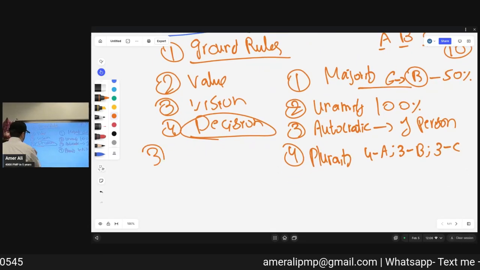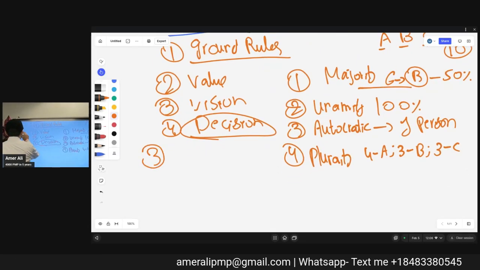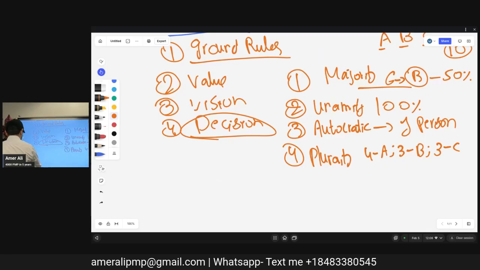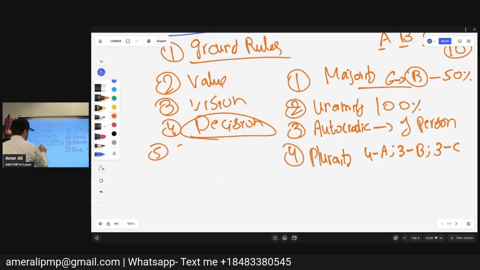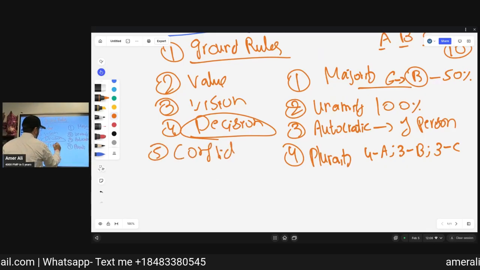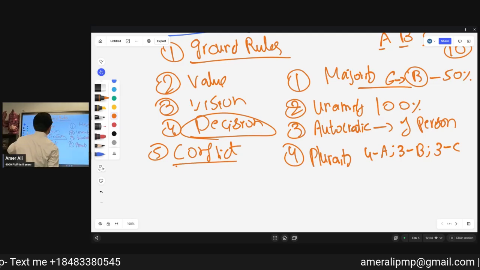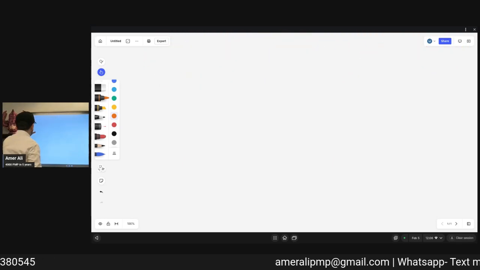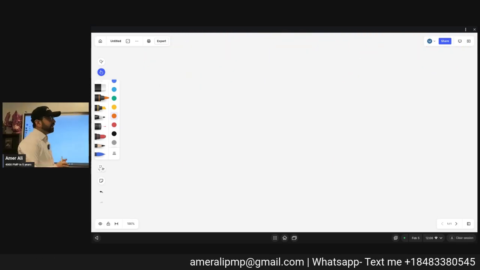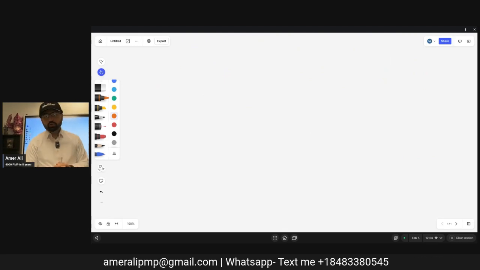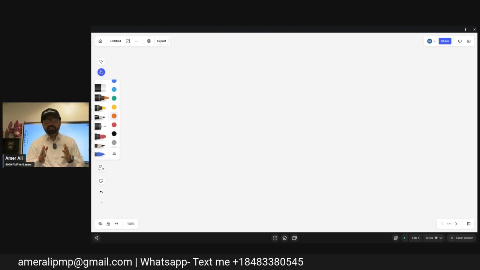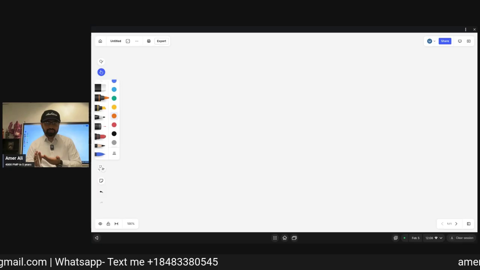How do you manage conflict? How do you manage conflicts? These are all part of the team charter and ground rules. Now, when I'm going to manage the conflict, there's a very, very important thing I need to know, and that is at which level the conflict is.